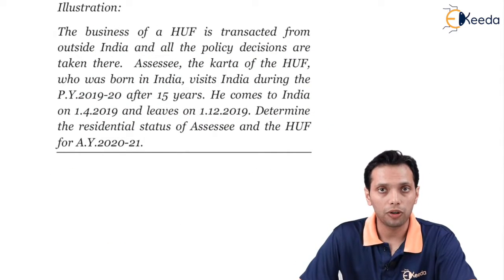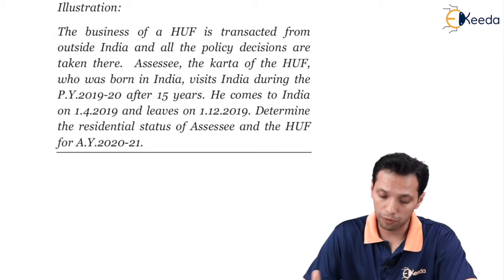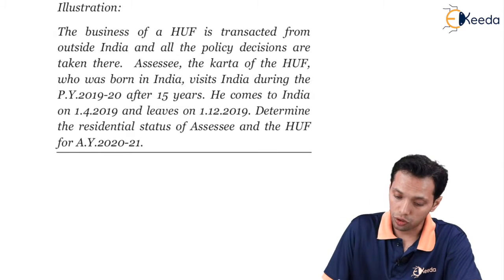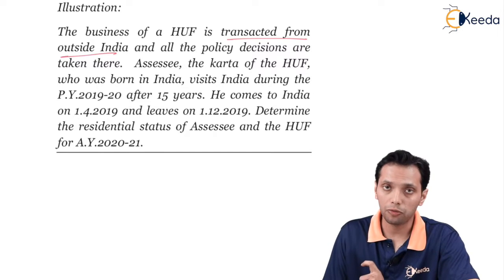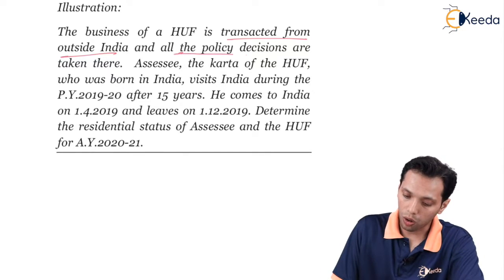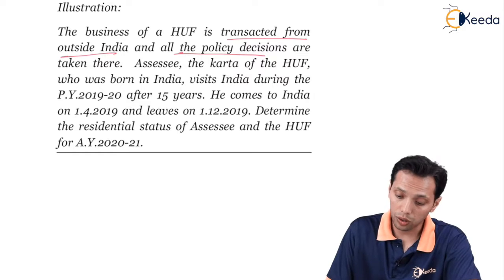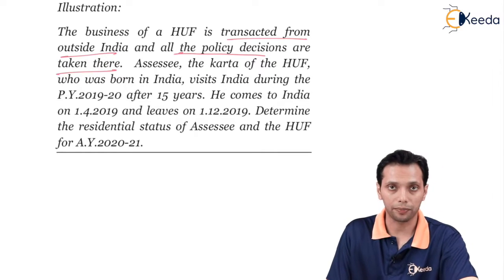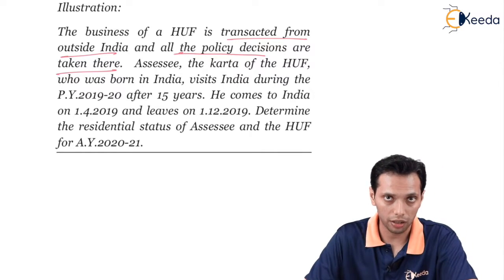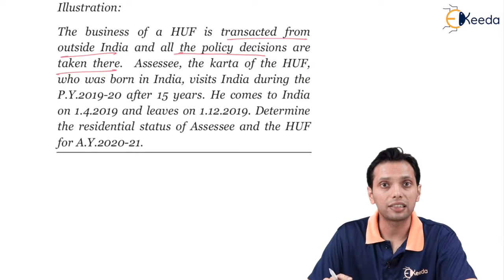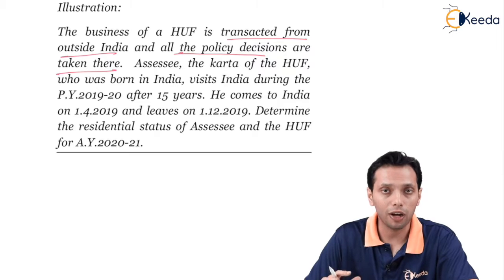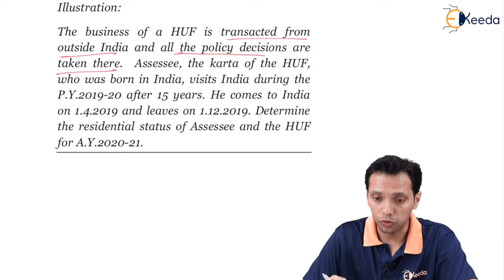Now, an illustration for determining the residential status of an HUF. The business of an HUF is transacted from outside India, and all the policy decisions are taken there. So we can conclude that the control and management (CNM) of the affairs of the HUF are outside India.